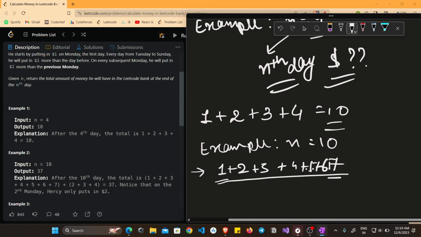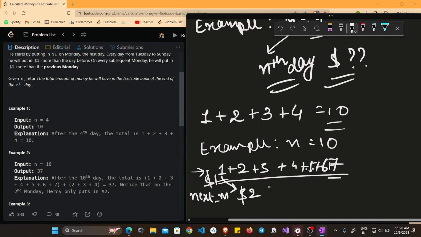Now after completion of this whole week, after 7 days, we still have 3 days remaining, since our n is equal to 10. So in the next week, let me call it the next Monday, he will just increase the amount he deposited on his previous Monday by $1. So on the next Monday, that is on the 8th day, he will be depositing $2.